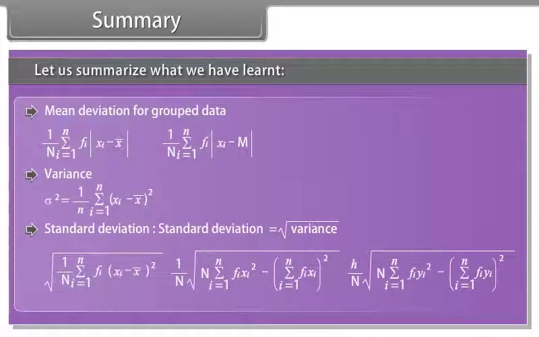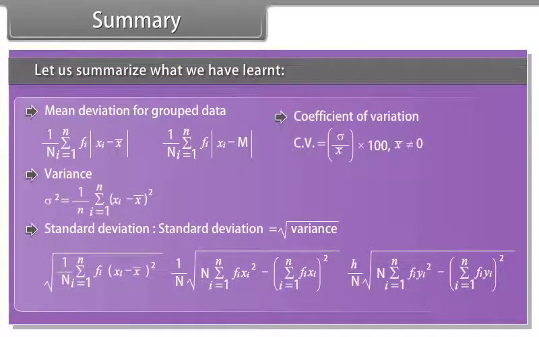Similarly, 1 divided by N is multiplied by the square root of the difference between the summation from i = 1 to n of the product between frequency fi and square yi multiplied by capital N and the square of the summation from i = 1 to n of the product between fi and yi. Coefficient of variation: ratio of standard deviation to the mean multiplied by 100 to express it in percent.